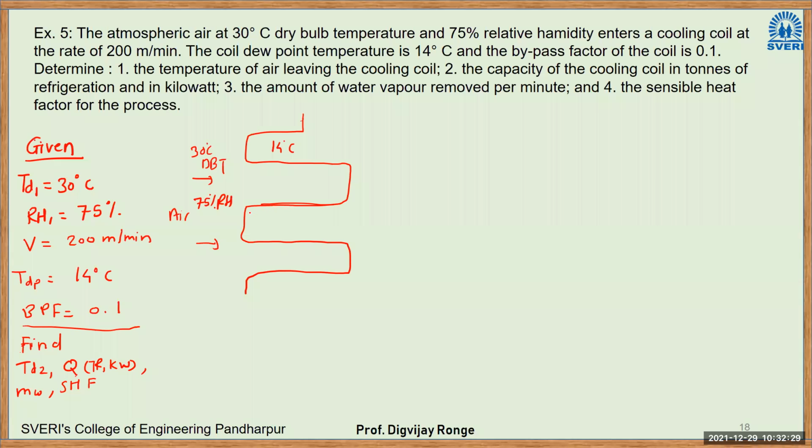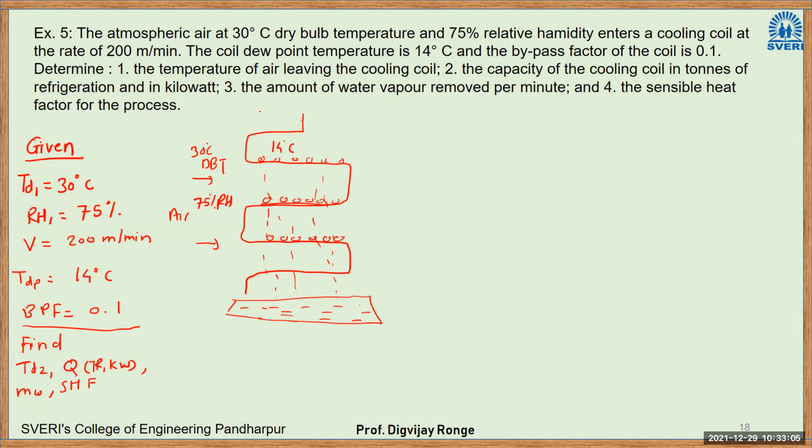What will happen here? The temperature will reduce. When it reduces to dew point temperature, dew will form. That means there will be condensation of water particles on the coil. Water particles will be formed, and some will try to fall. There will be a tray at the bottom, and these water particles are falling into the tray.